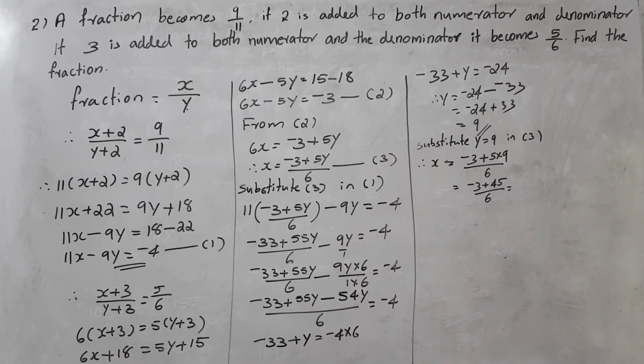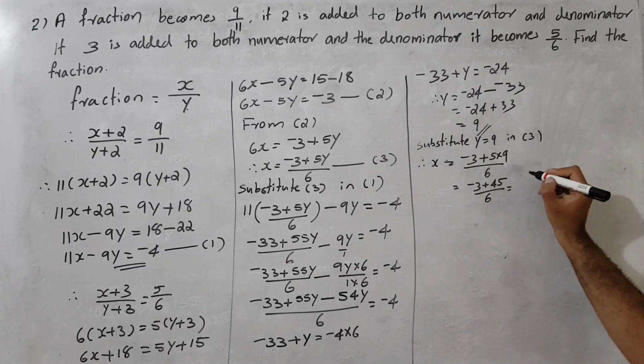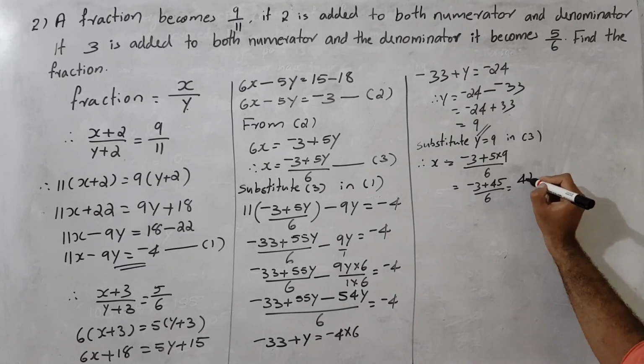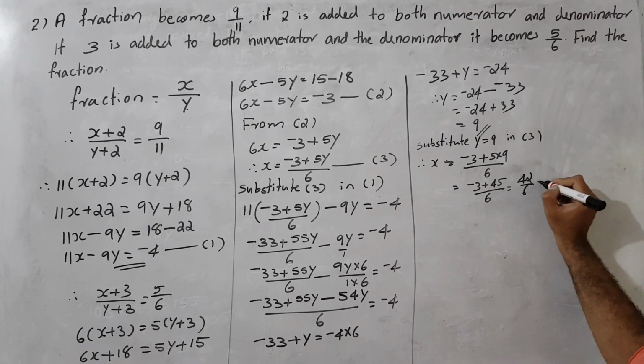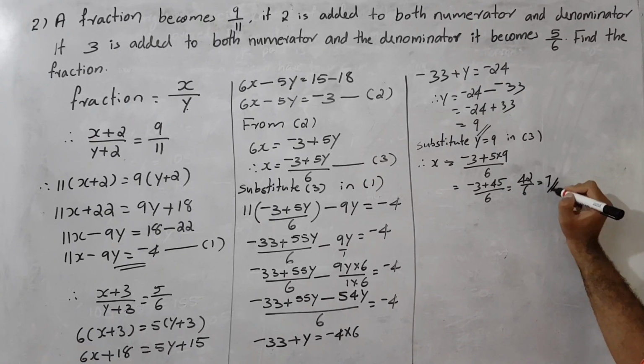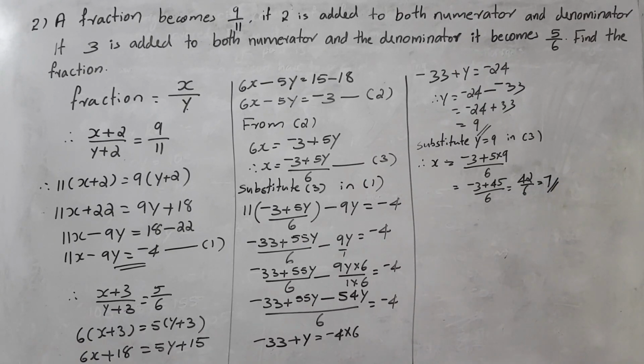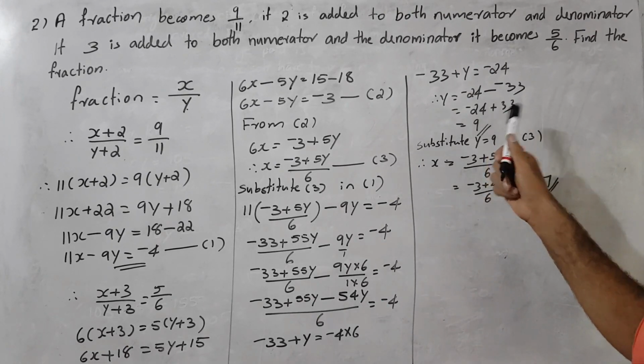Then (minus 3 plus 45 is 42) by 6 is equal to 7.